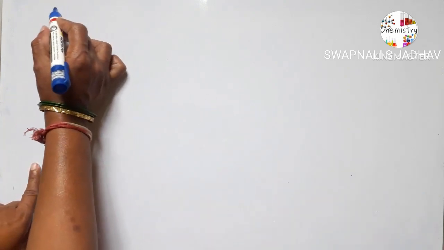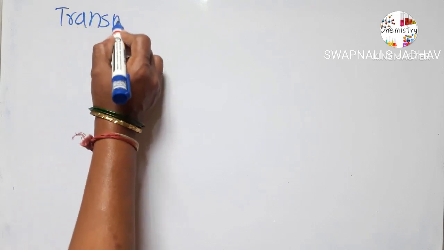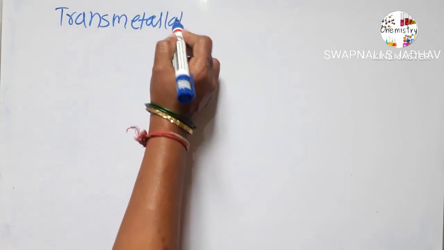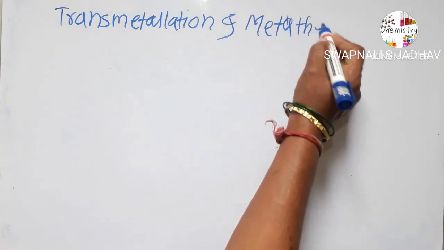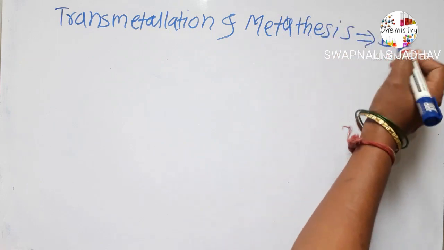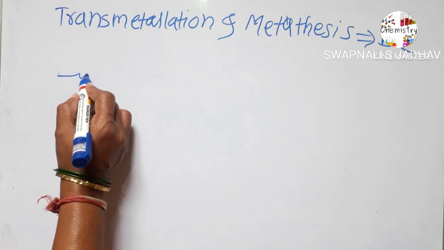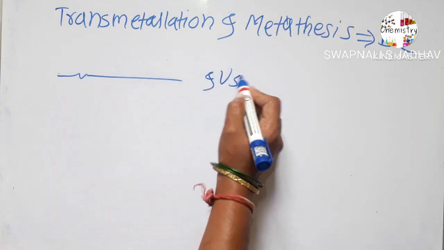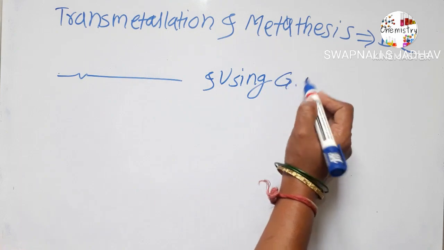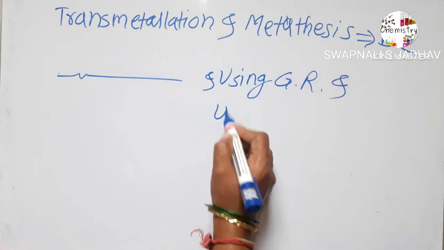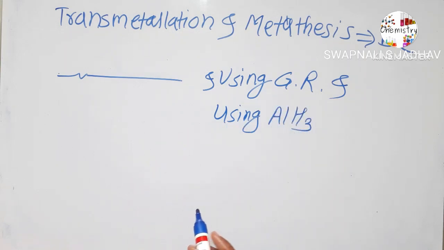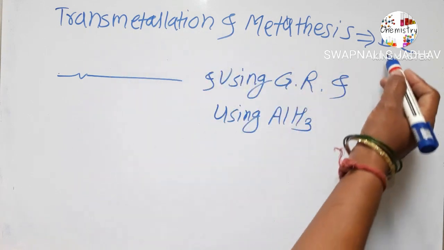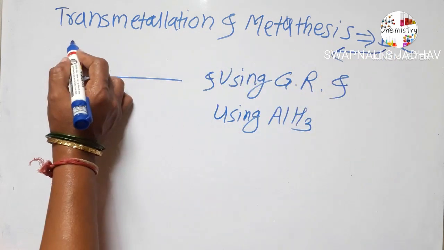In preparation of beryllium compounds, there are 2 methods, transmetallation and metathesis, and for aluminium, transmetallation, second using Grignard reagent, and third using aluminium hydride.